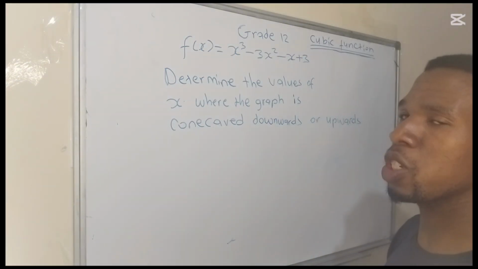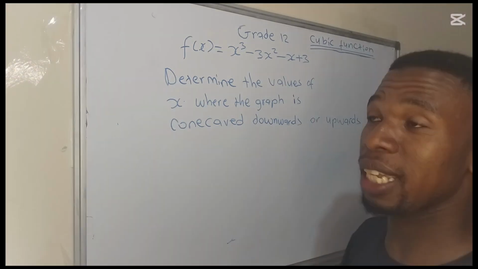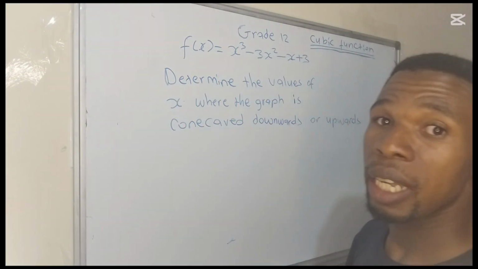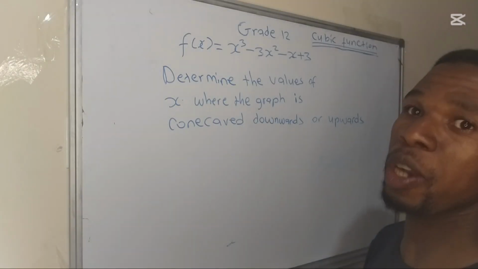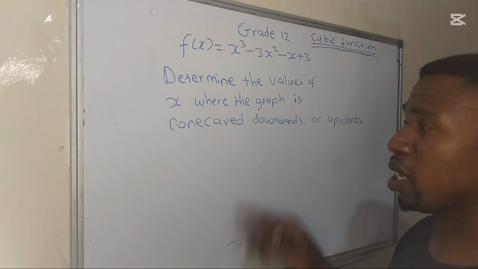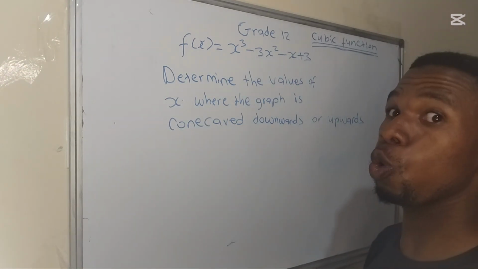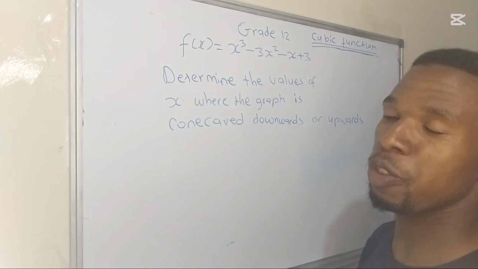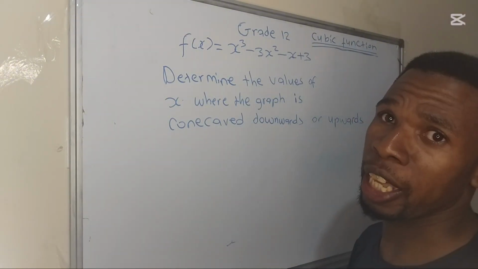Then after deriving it twice, you equate the second derivative to 0, then solve for x. That x coordinate of the point of inflection is the master point that allows you to conclude that this portion of the graph is concave downwards and this one is concave upwards.